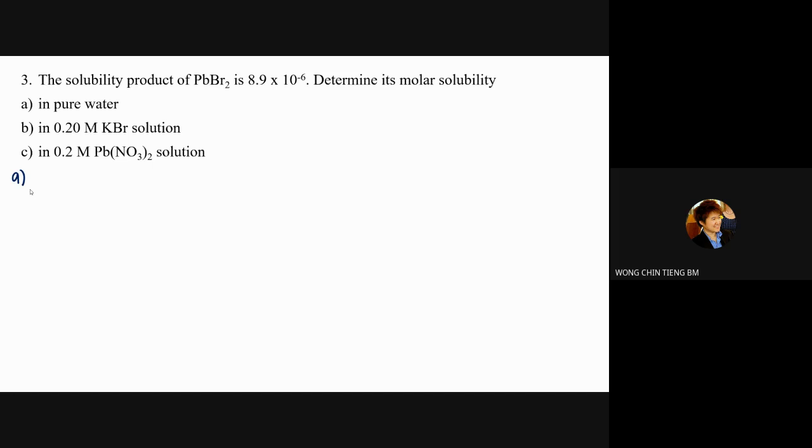Boleh? Negative, I say negative 5 and smaller, right? Negative 5, negative 6, negative 7, semua boleh lah. Kenapa apa masalah dengan 2x?